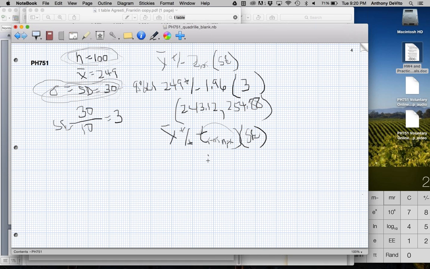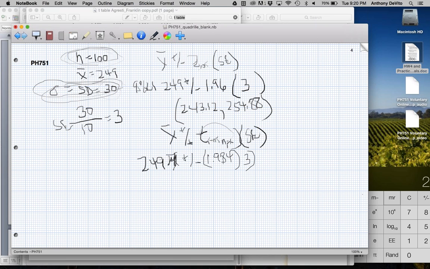So x bar plus or minus 1.984 times our standard error of 3. In other words, this would be 249 plus or minus 1.984 times 3.